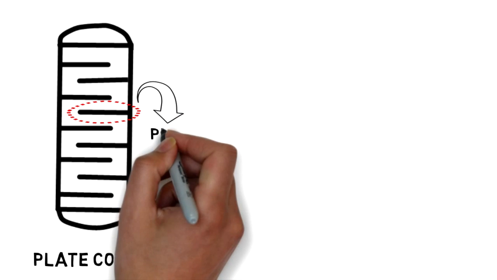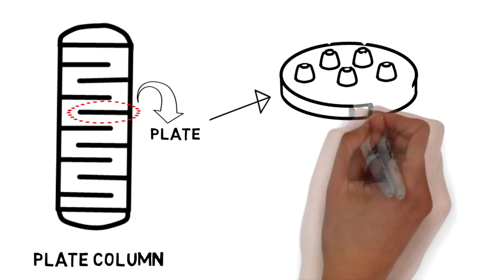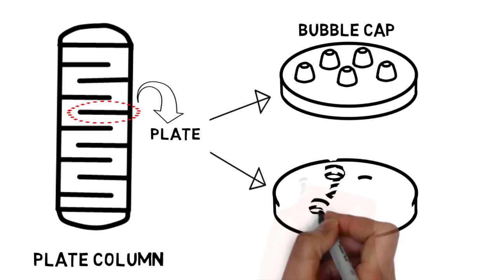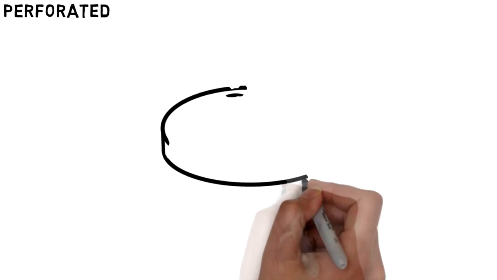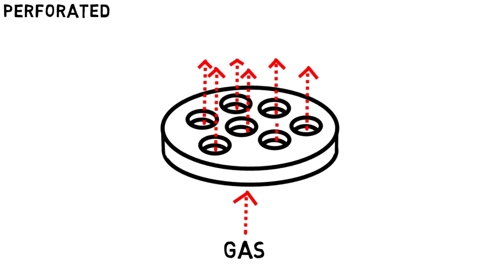The plate can be a bubble cup or a perforated plate. Let's consider the simpler one, the perforated plate. The gas passes through the holes or perforations, making it distributed.